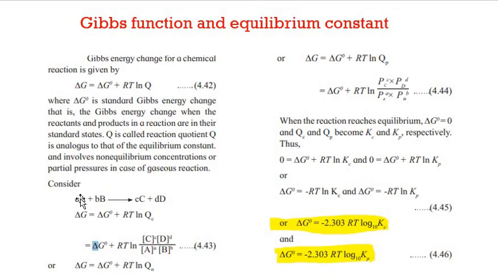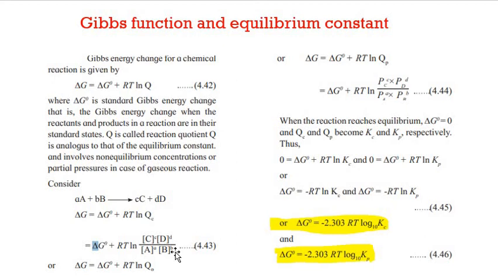Now if we are considering this reaction and all reactants and products are in gaseous state, and delta G is the equation written for the reaction, here I am writing Q as the reaction quotient: concentration of C raised to power c, concentration of D raised to power d, upon concentration of A raised to power a and concentration of B raised to power b.